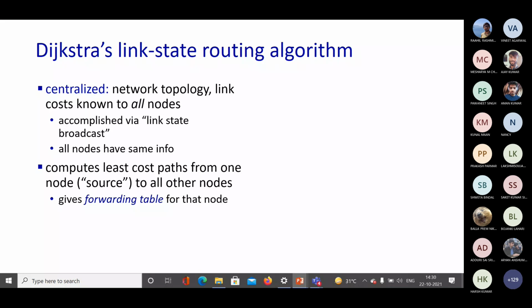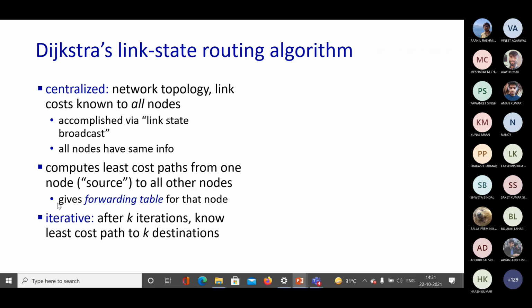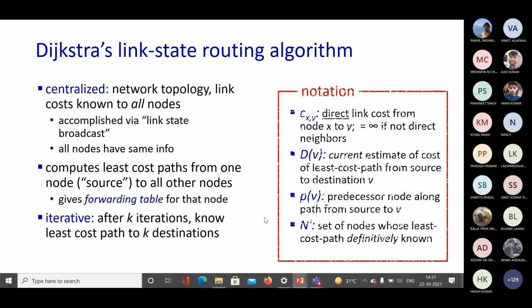Right. Next, once all of this information is there, Dijkstra's algorithm helps to find out the shortest path from a source to all the other nodes in the particular graph. Okay. So essentially, it will give you the forwarding table for that particular node. Okay. So it is an iterative algorithm, and these are the notations that we will require for representing Dijkstra's algorithm.